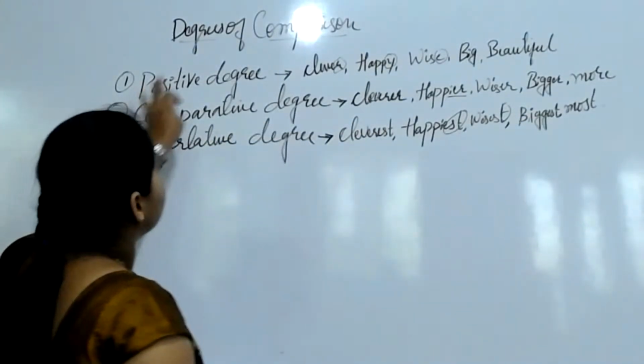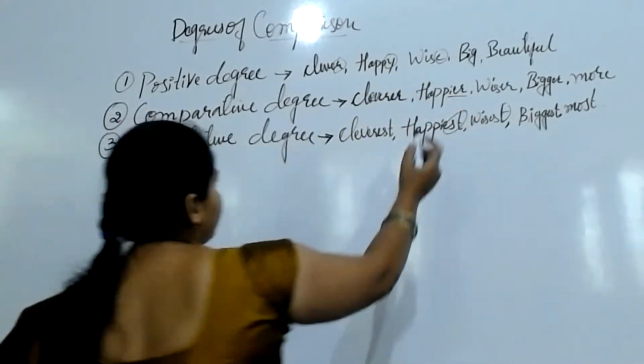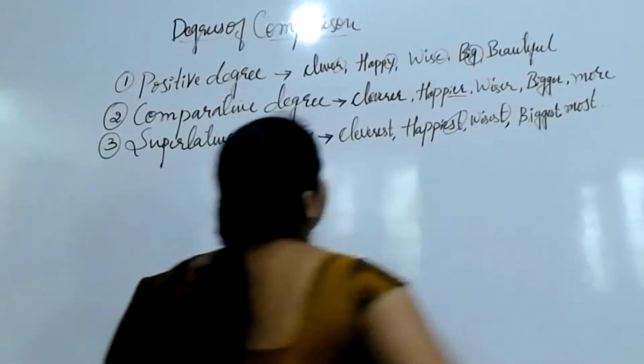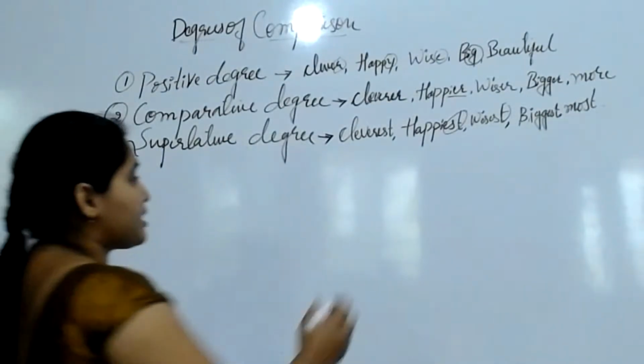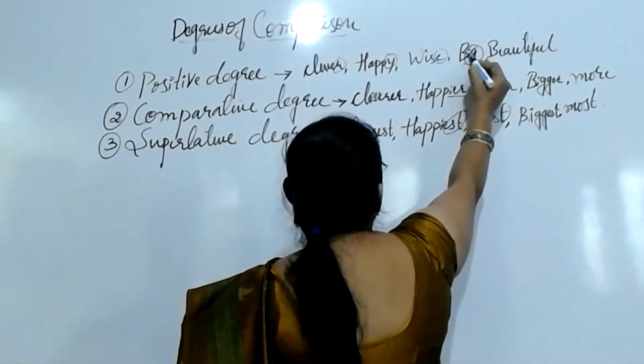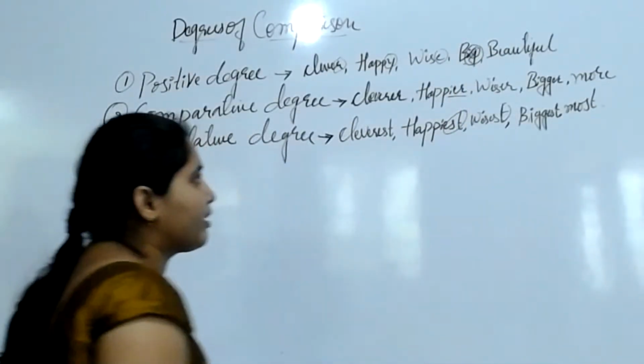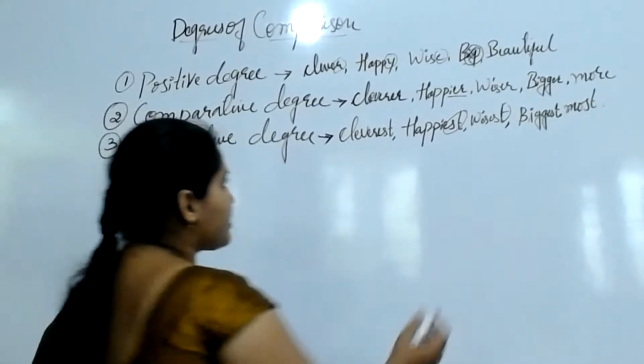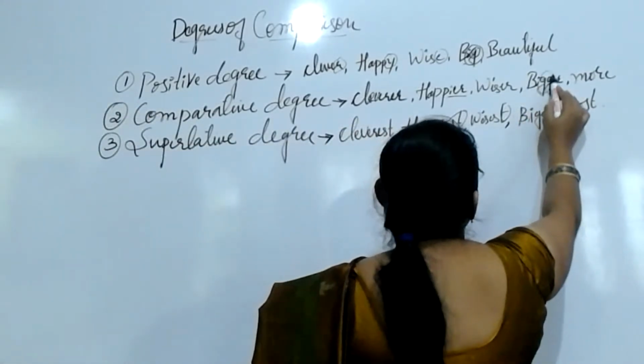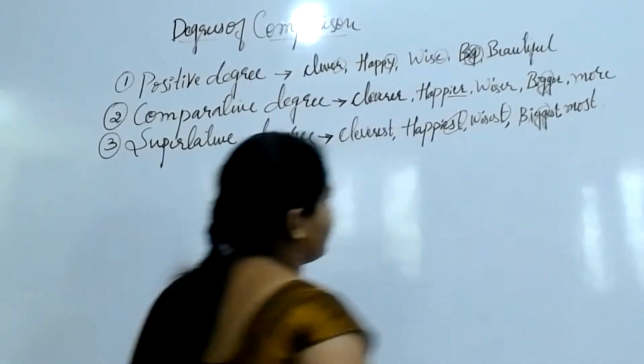So now, big. Big is an adjective which is preceded by a vowel and ends with a consonant. If it is in this form, just double it: big, bigger, and biggest.